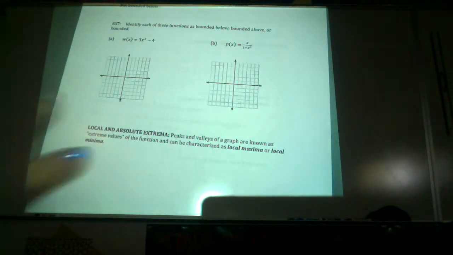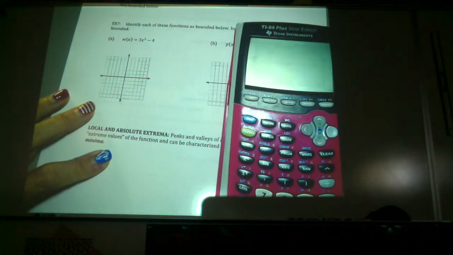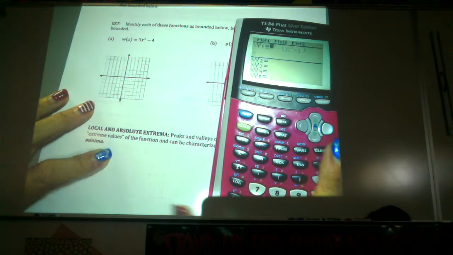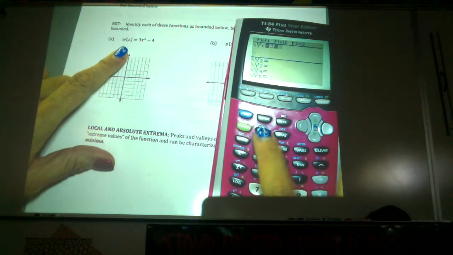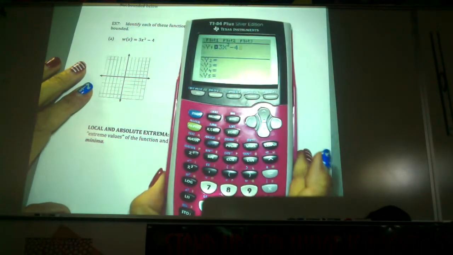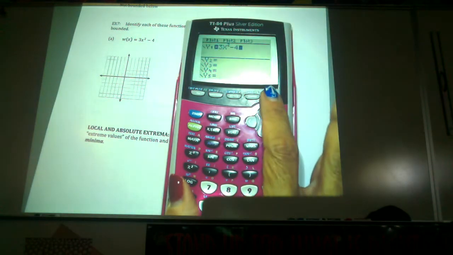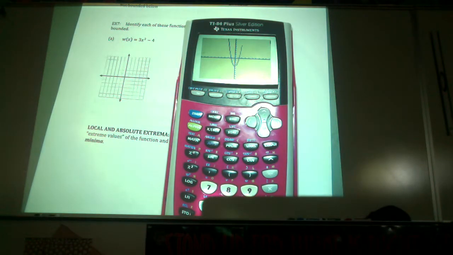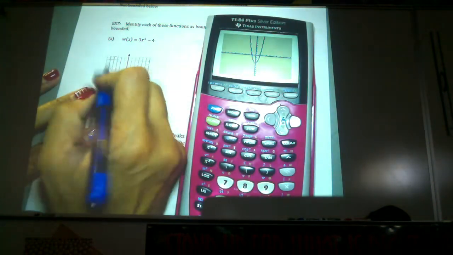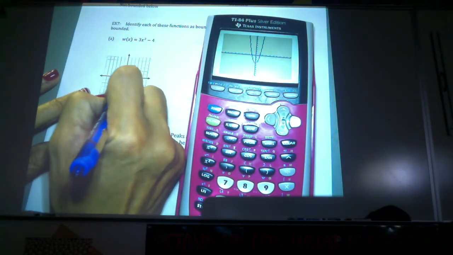So they're going to give you an equation and you're going to graph it. So go to your calculator. We're going to graph it, and we've got 3x squared minus 4. Should be what kind of graph? Parabola. So this is a parabola whose vertex is at -4, and we're just going to sketch it for time purposes.